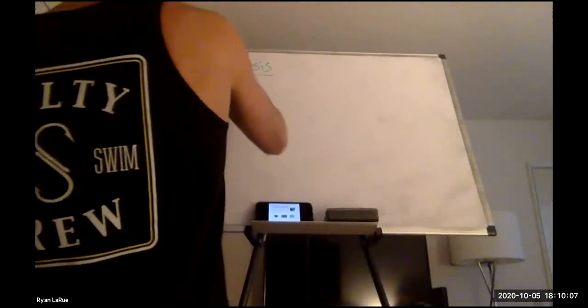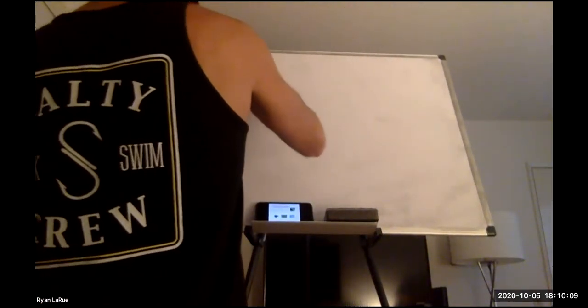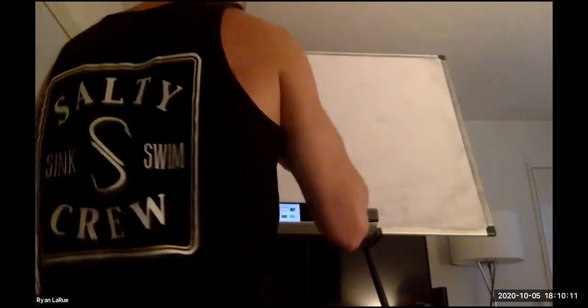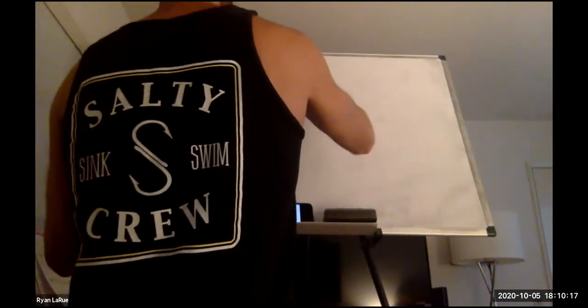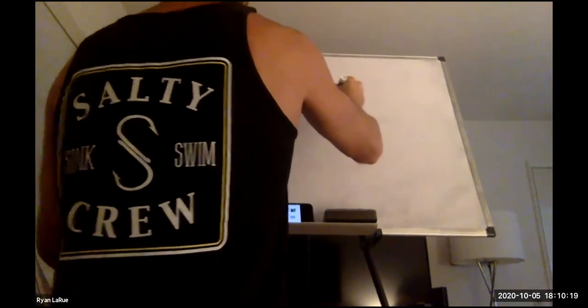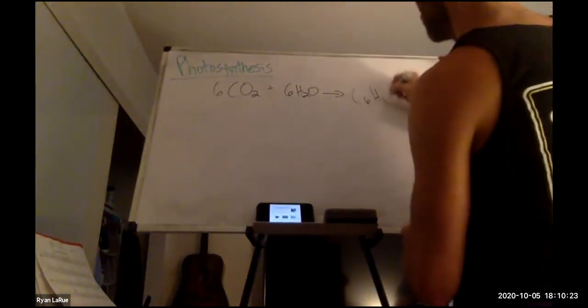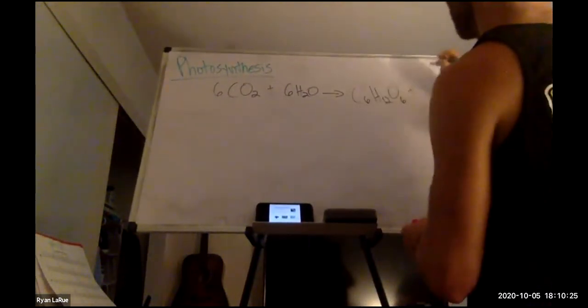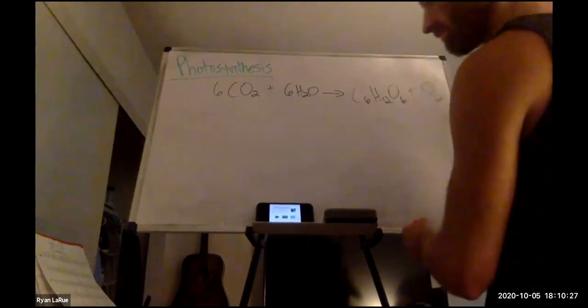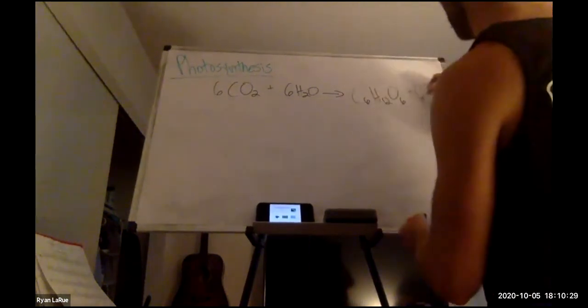So here's our overall chemical equation for photosynthesis. We're starting with carbon dioxide and water. And our products are glucose and oxygen. Actually 6, right?